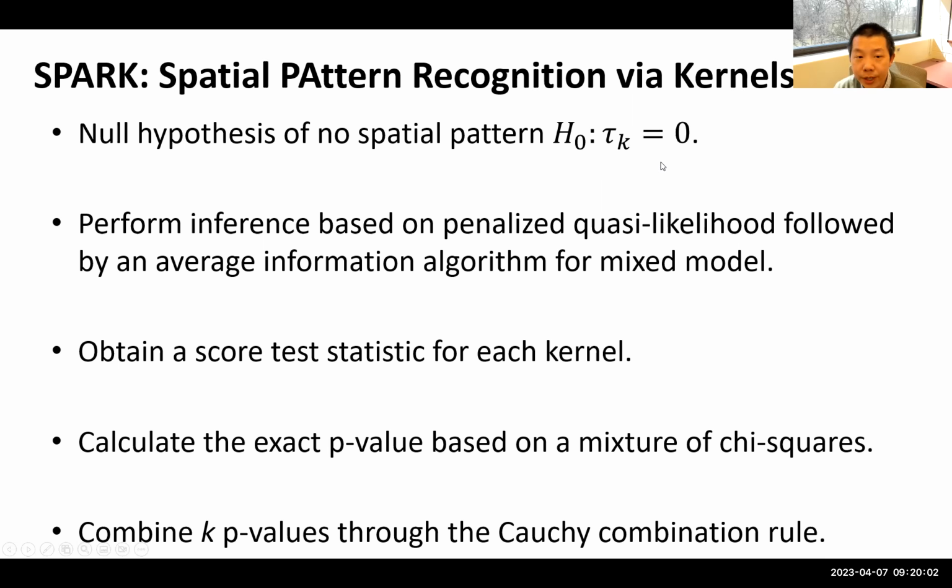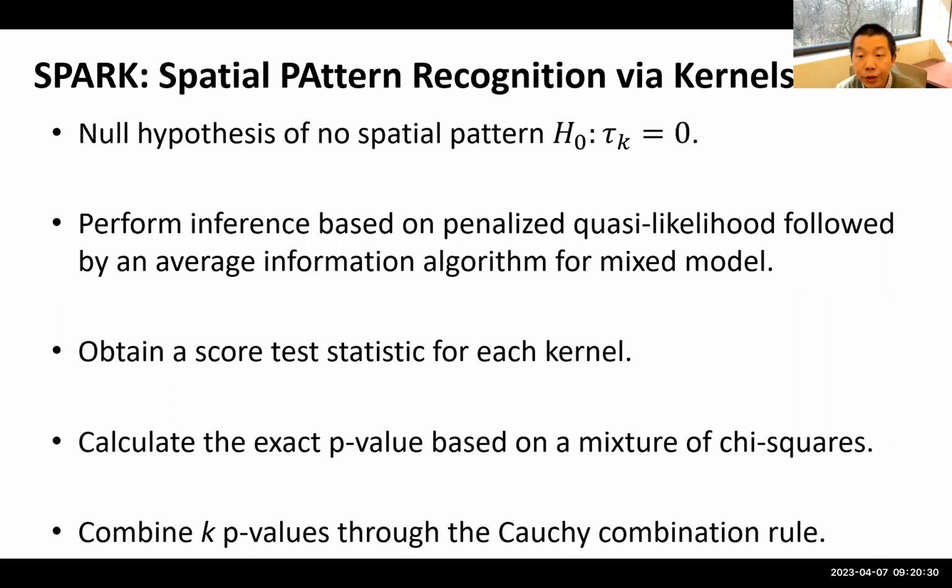Because these are variance component models, we need to perform inference based on penalized quasi-likelihood, and we use the average information algorithm to perform scalable inference. To further speed up computation, instead of a likelihood ratio or score Wald test, we use score test statistics for each kernel. We compute a p-value based on a mixture of chi-square distributions in order to get the exact p-value.